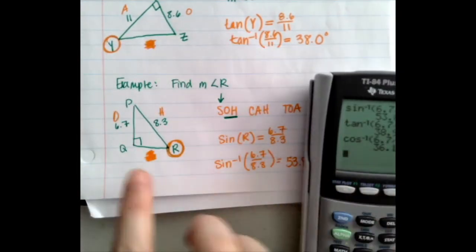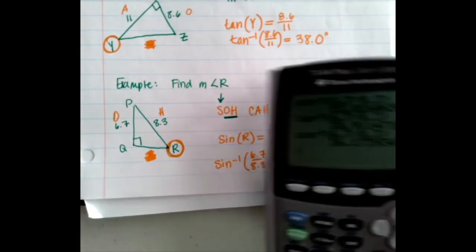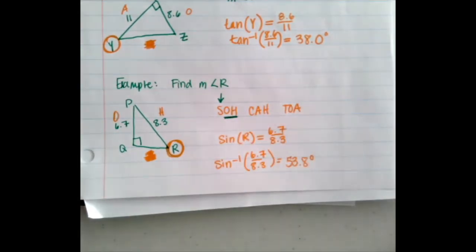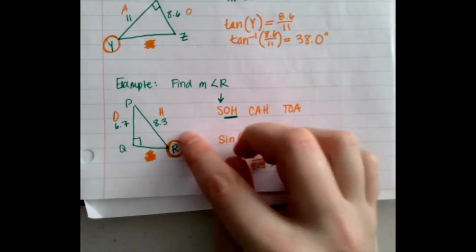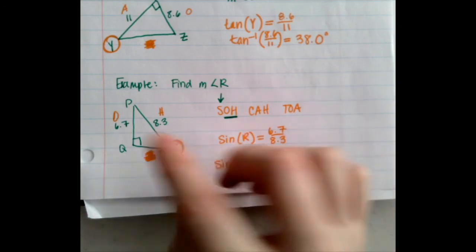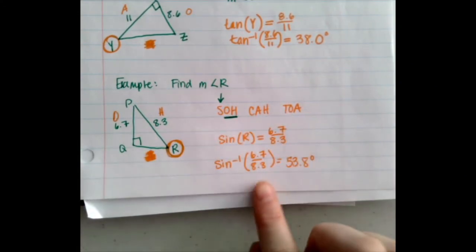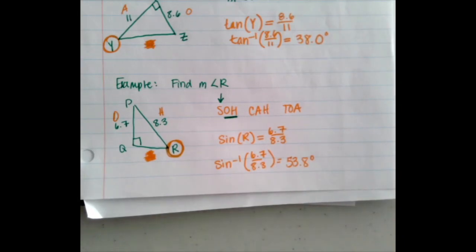And if I look at my picture, this looks a little bit too big to be in the 30s. And sometimes it's like, this is a little bit close, but sometimes it's, you know, a teeny tiny little angle and it tells you that it's like 80 degrees. And you know that that can't be possible because it's a teeny tiny angle. So use the picture to kind of double check your work. But this is how you find missing angles using your inverse trig ratios.